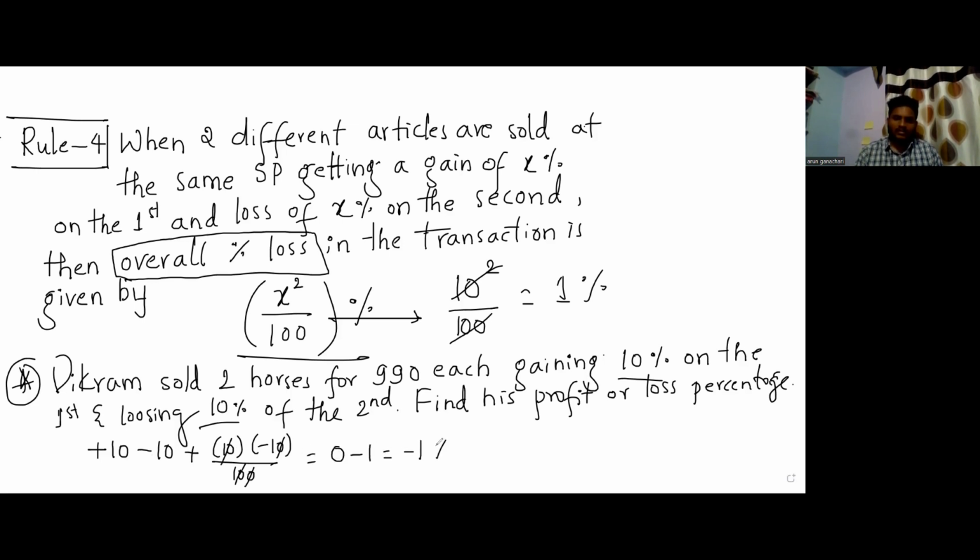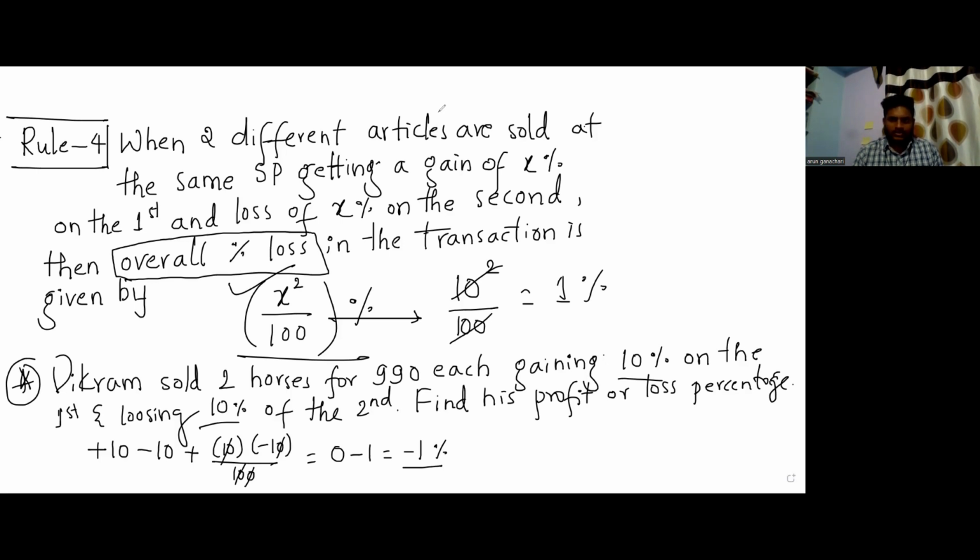So overall we are having minus 1%. Minus 1% means we are having loss of 1%. This is also correct. So we could have done it using your net effect formula also, but this is far more easy. Understood? Can we move ahead? Yes, sir. Copied everything. We'll move ahead.